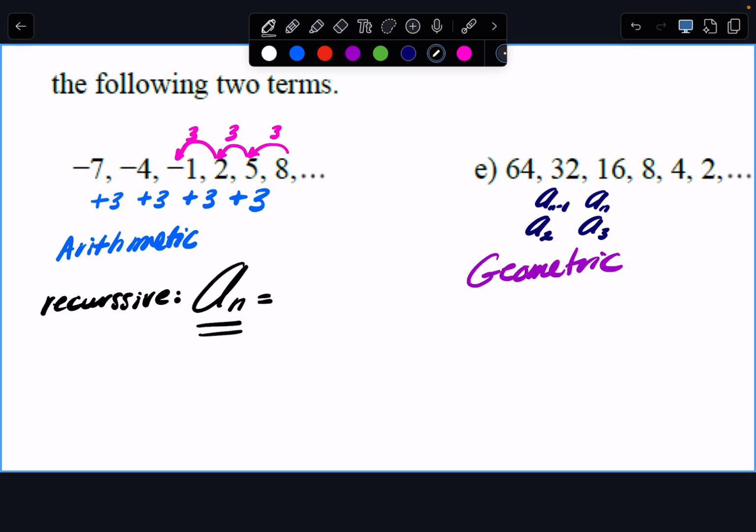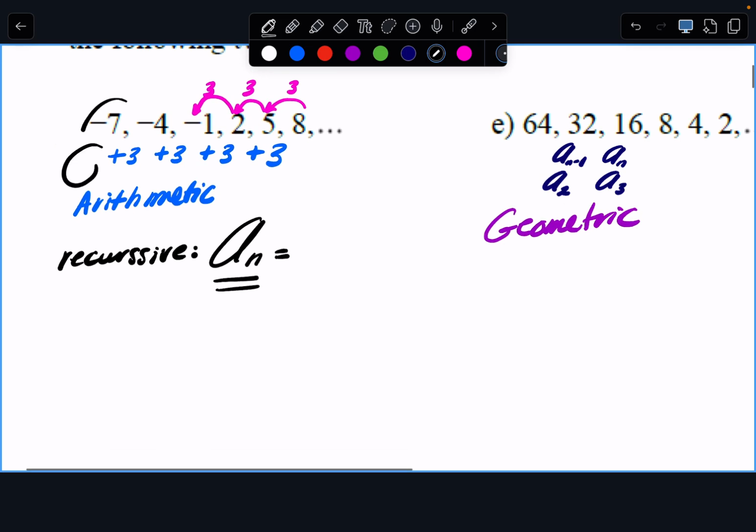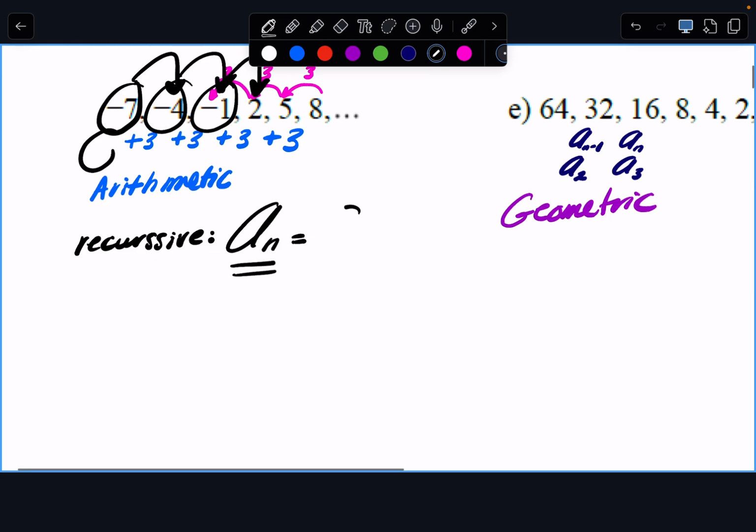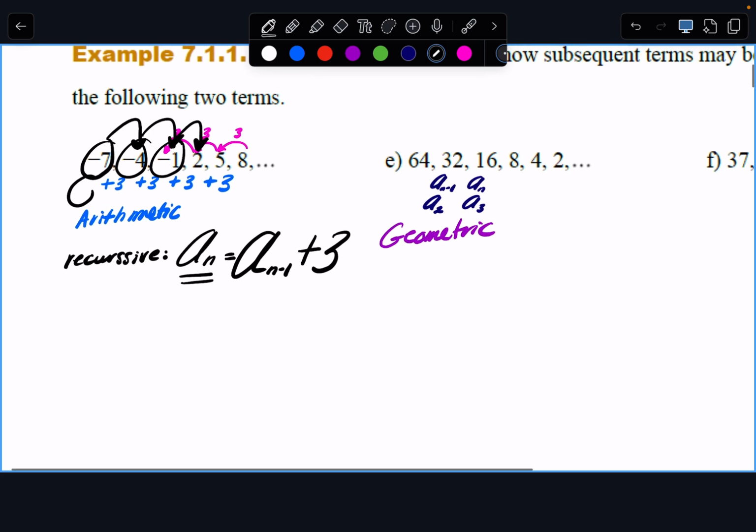A sub n means any term in the sequence equals, now let's write a formula in terms of the previous term. Aren't we just taking the previous term and adding 3? Take the previous term, add 3. Previous term, add 3. True, everybody? So that's what you write. A sub n minus 1. Make sure the minus 1 is tucked in with your n. We're saying take the previous term and add 3.